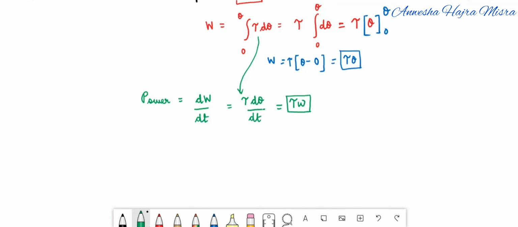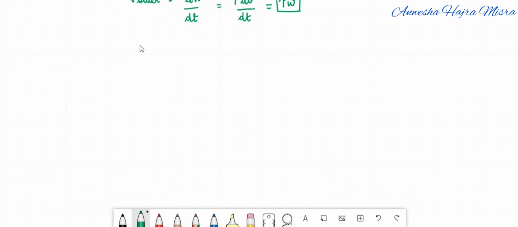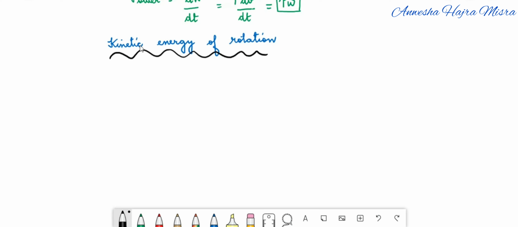And what is the kinetic energy of rotation?